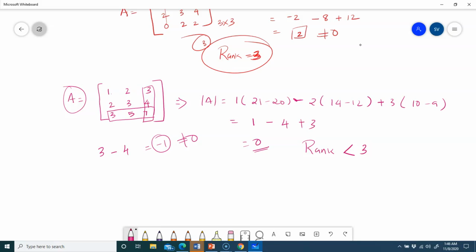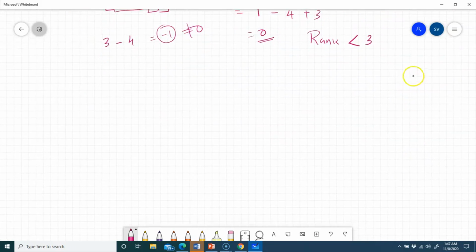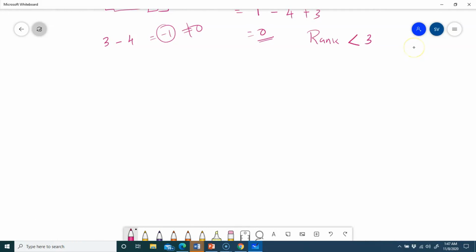That is one way of finding the rank of a matrix. We have another solid method to find the rank of a matrix using elementary transformation. Let me explain a problem of that kind.